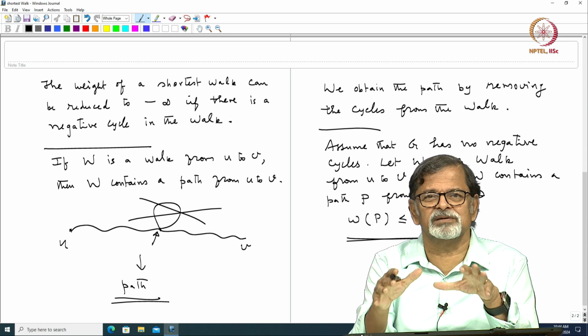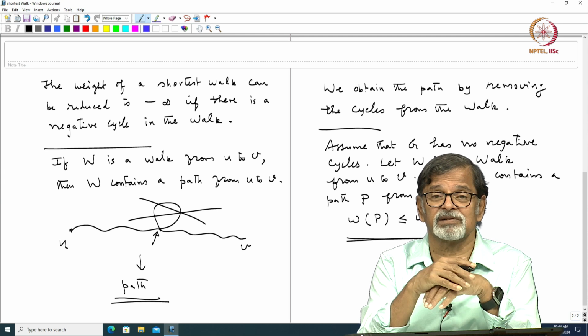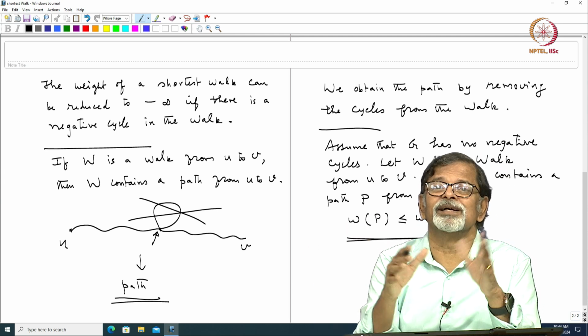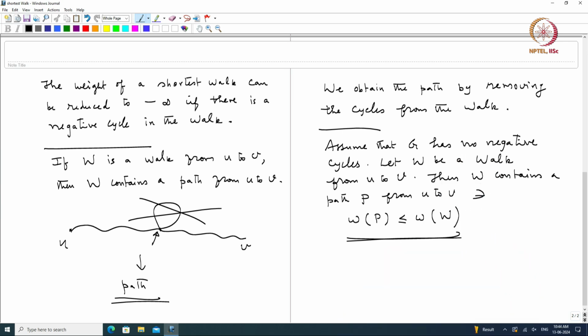The path that you find in the walk, it is a subset of edges, it forms a path. The weight of that path will be less than or equal to weight of W. That is because the cycles that you are removing from the walk to get the path P are all either 0 cycle or positive cycle. Very important property. So, you can call this as property 1. You can call this as property 2.